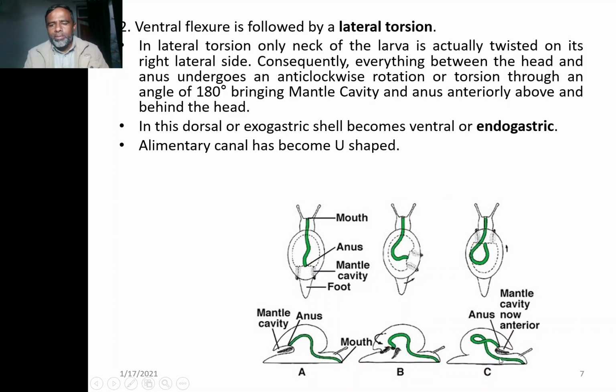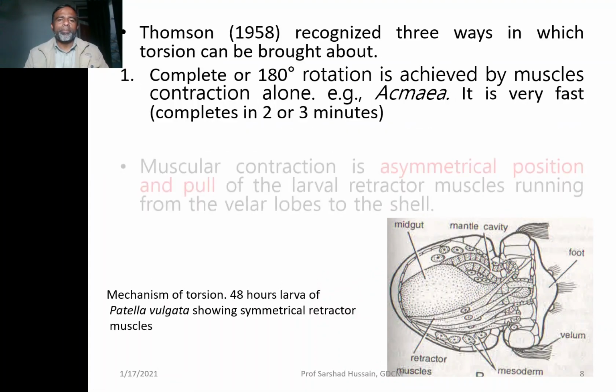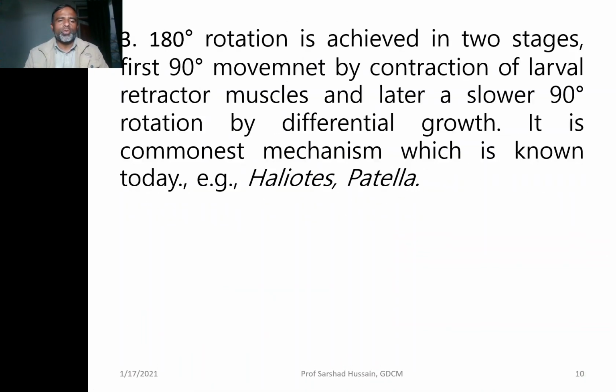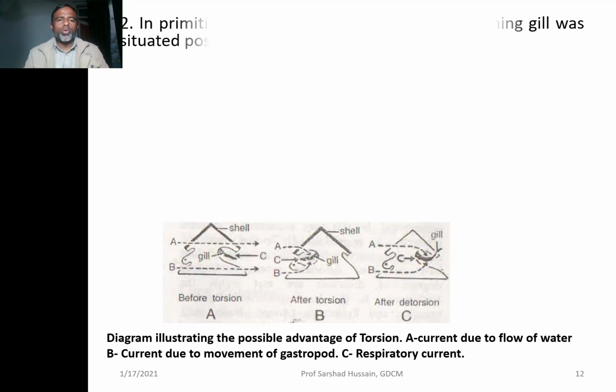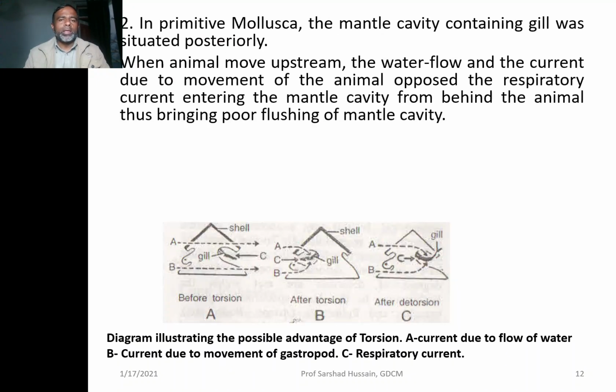A good flushing means a good replacement of water, and a good replacement of water means very fresh oxygen is supplied to the ctenidia, the gills, for respiration. This was the second significance for the adult. Number one is balancing, and number two is healthy respiration.